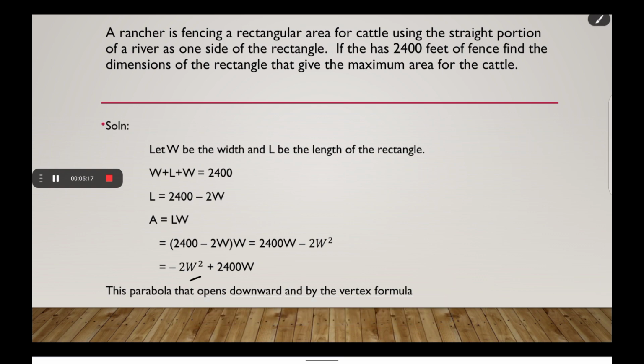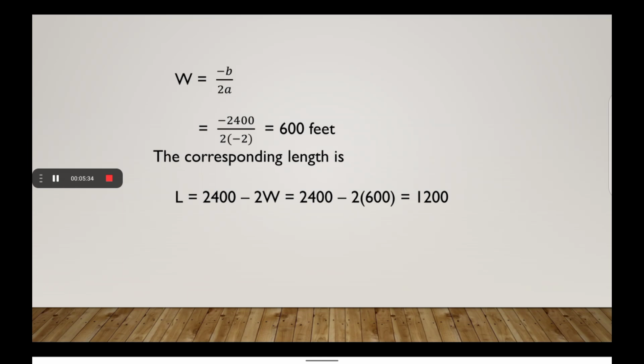We discussed in the previous videos how to find the vertex. X is the vertex, but here instead of X we have W. We need to find W, the vertex, using the formula. We know the formula is W equals minus B by 2A.